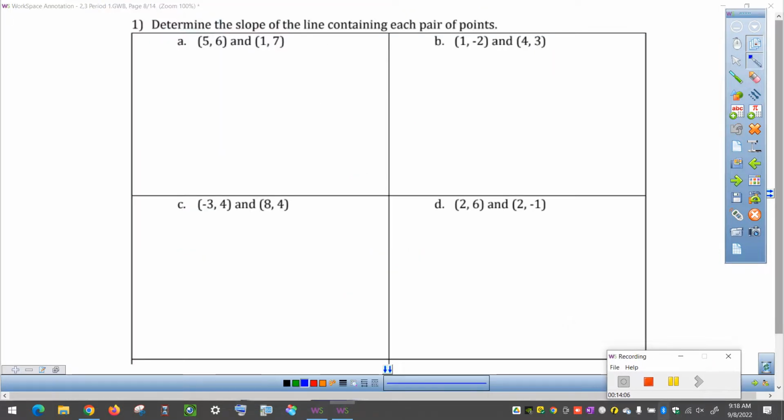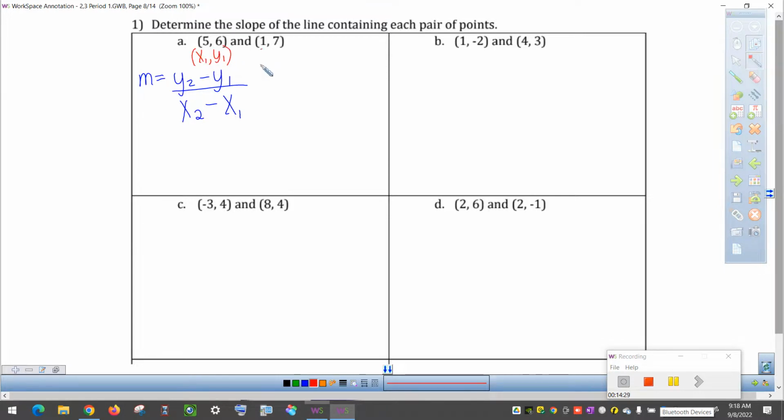You may find it helpful to rewrite the formula, since we are now working on a new page. It doesn't matter how you define these; I typically would have the first point listed as x1, y1, and the second point listed as x2, y2.